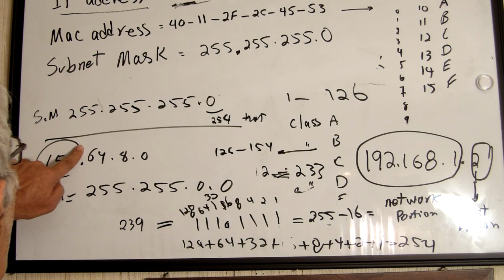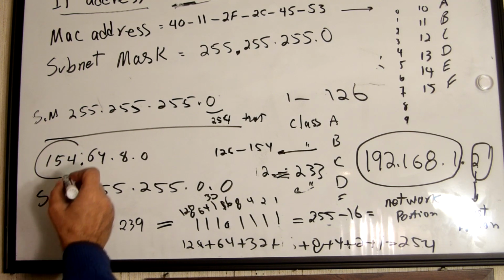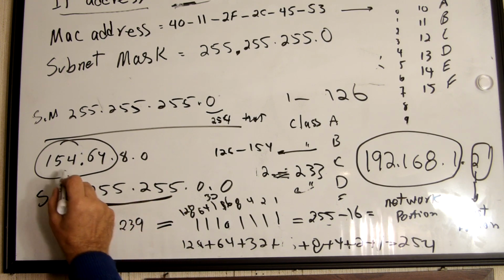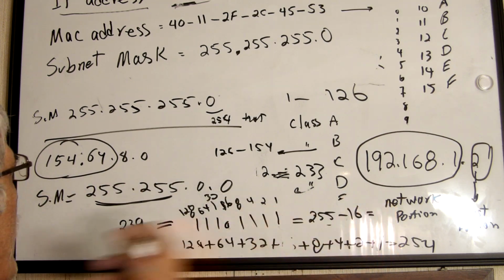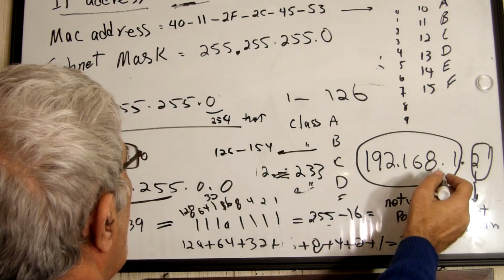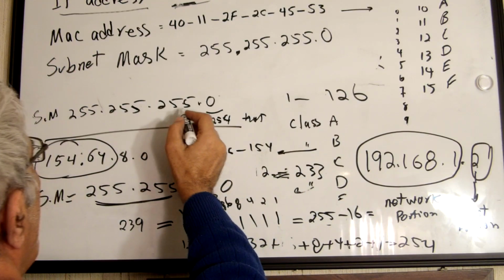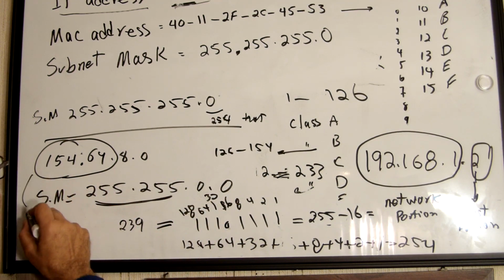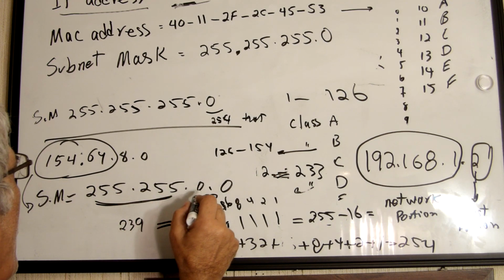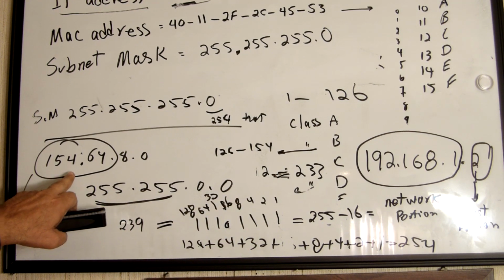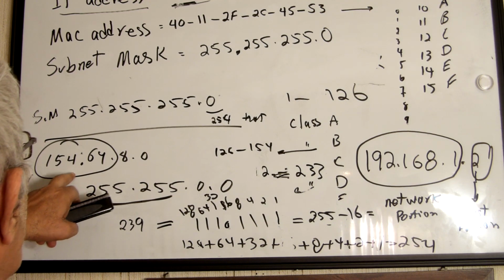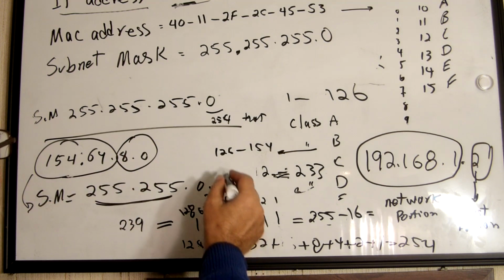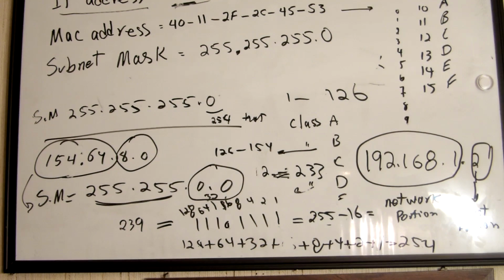In this one here, you have this portion, because you look at the subnet mask. 192 was 255.255.255.0. But this one is 255.255.0.0. This is the network portion, and this is the host portion. The host portion here shows 0.